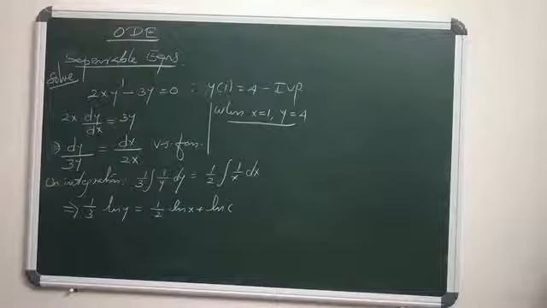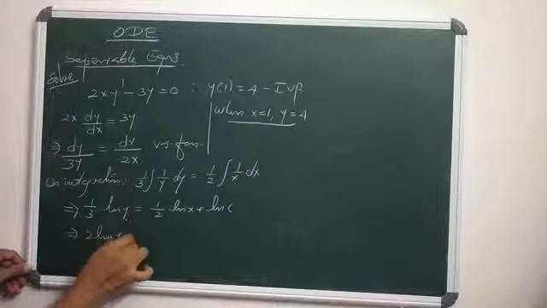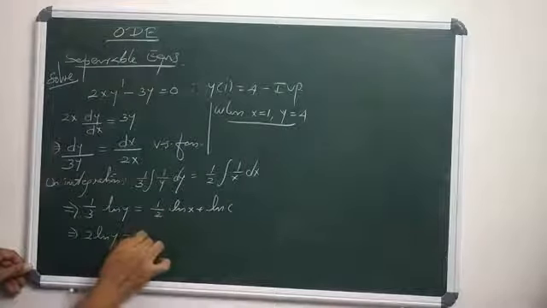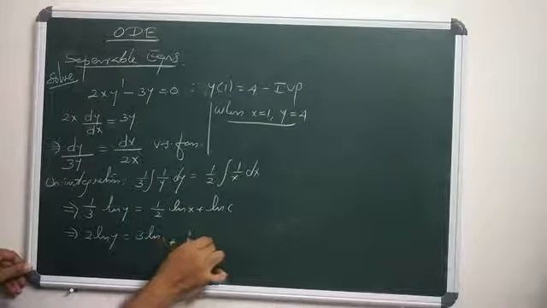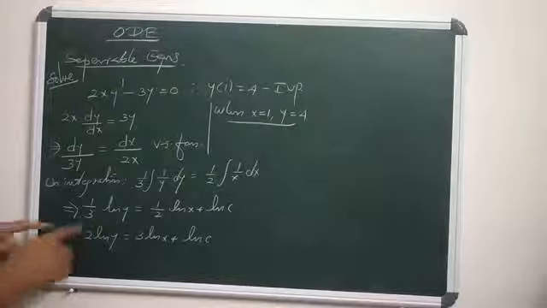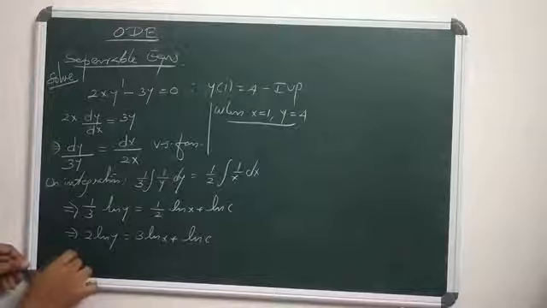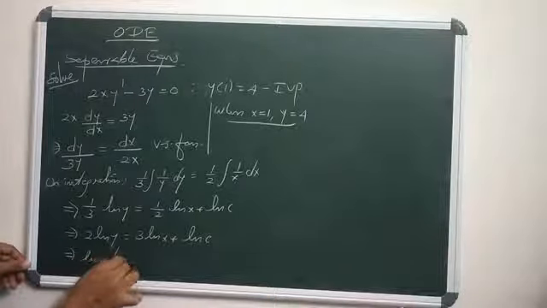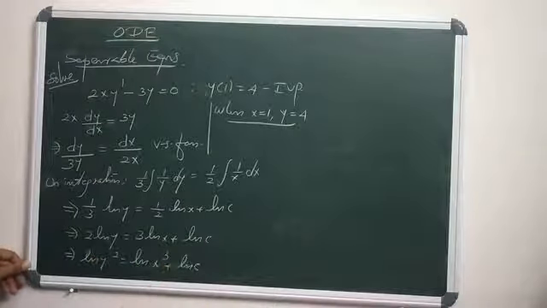Cross multiplication gives 2 log y equals 3 log x plus log c, where log c is nothing but a constant. So 2 log y, that is log y square, equals log x cube plus log c.